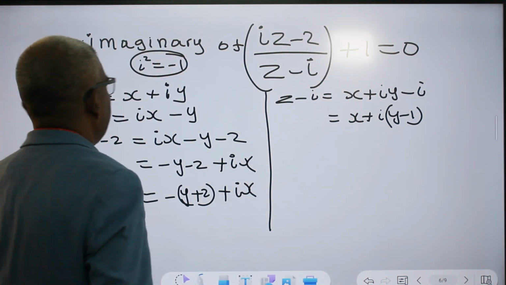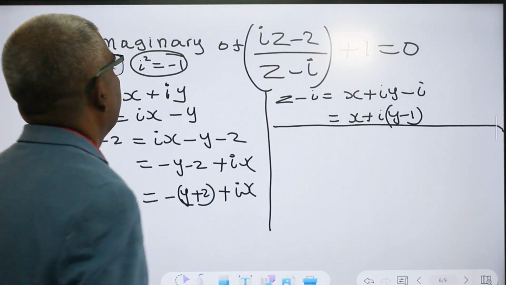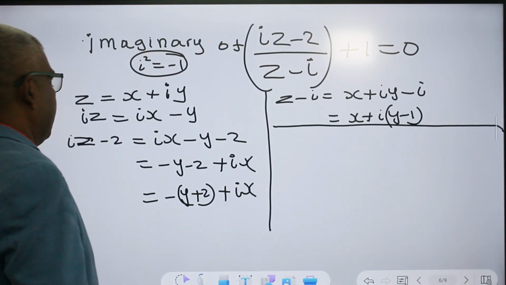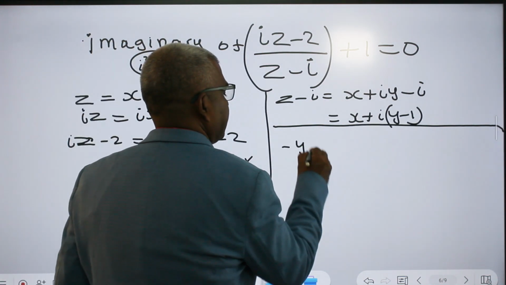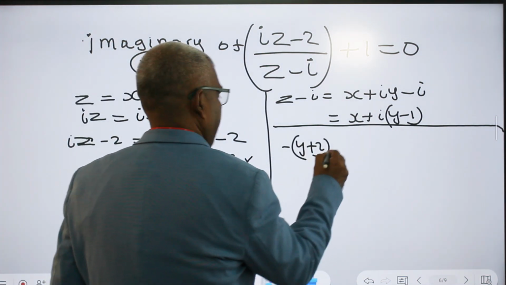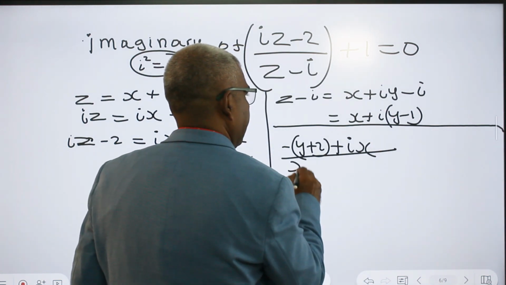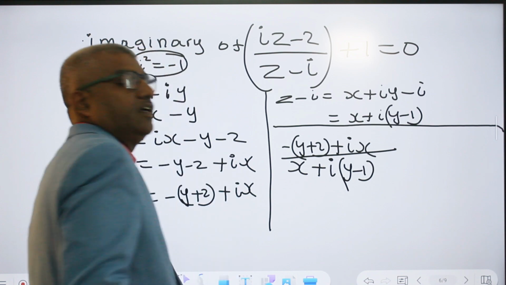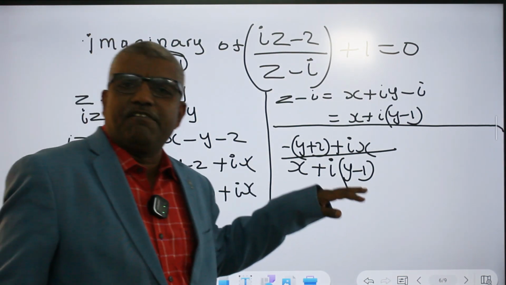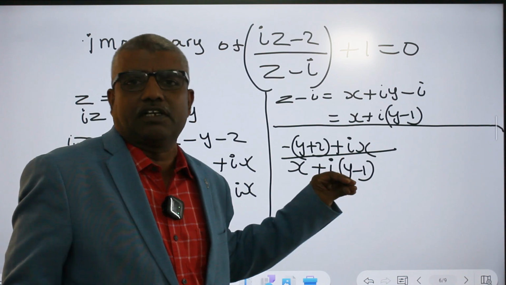Now we are going to combine everything. Minus y plus 2 plus ix divided by x plus iy minus 1. If the denominator has a complex number i, we have to multiply by the conjugate.